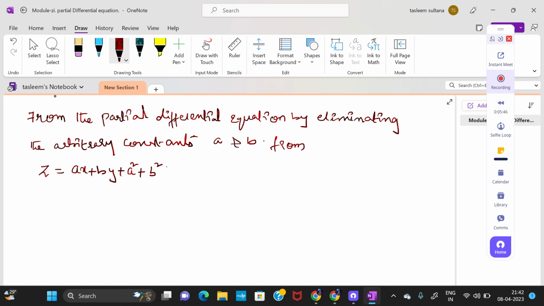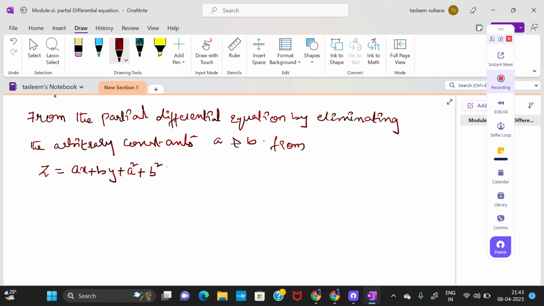They are asking to form a partial differential equation by eliminating the arbitrary constants, where a and b are the arbitrary constants.